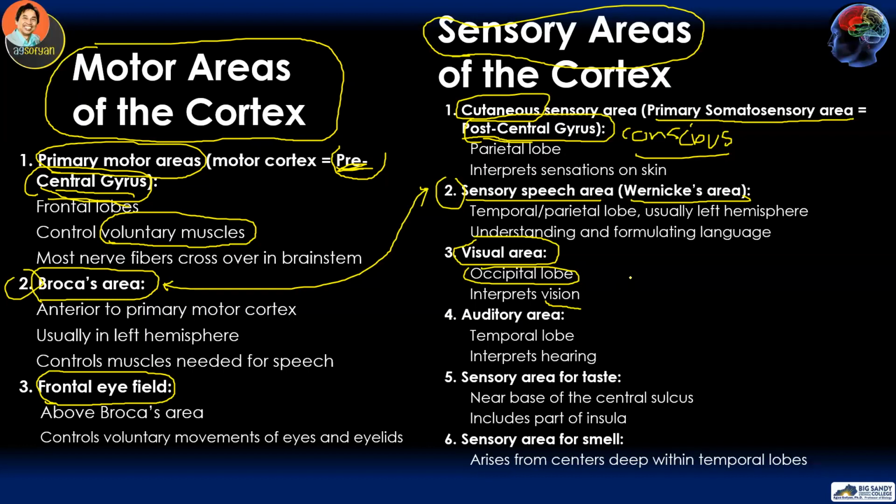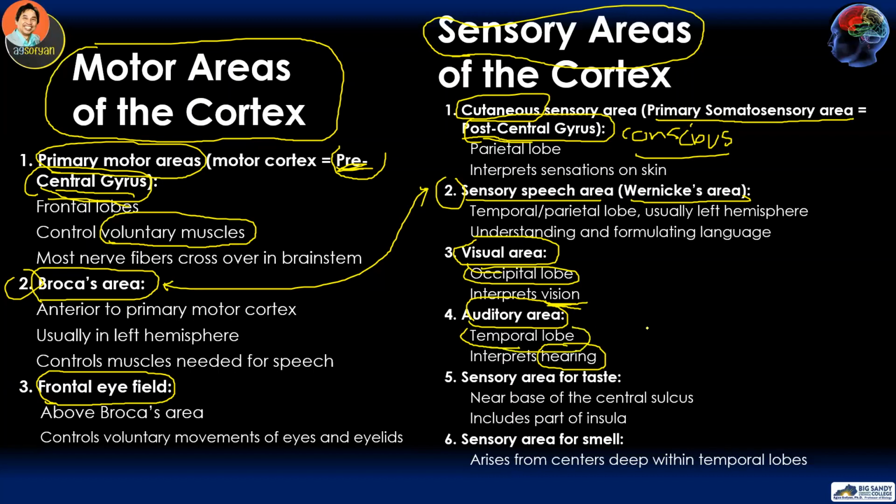Like color, for example, the blue color, black, red, and so on will be processed by this occipital lobe, the visual area. And there is a special area also in the temporal lobe. It's called the auditory area.